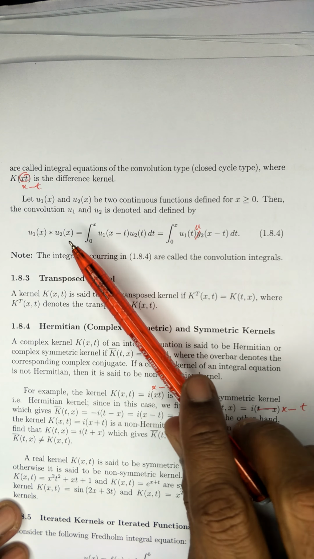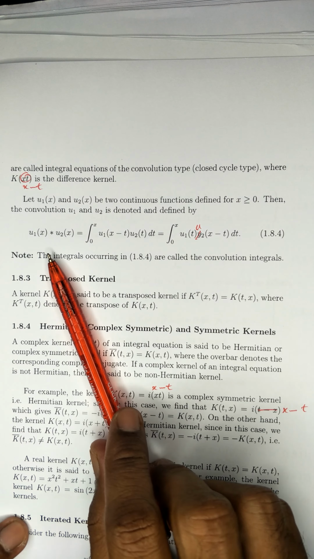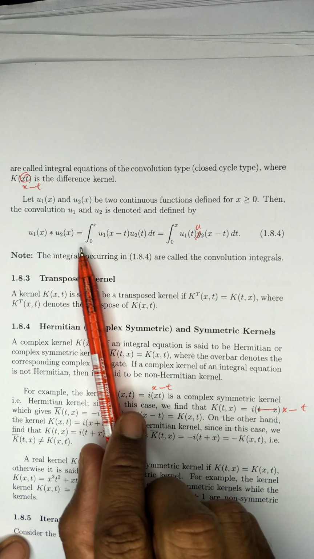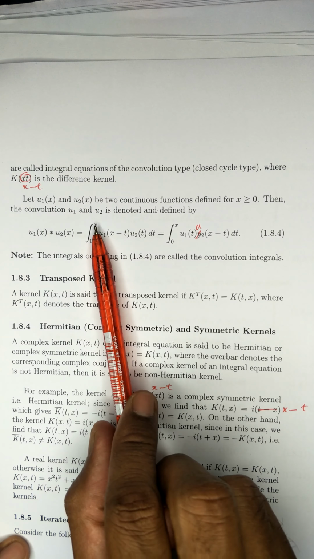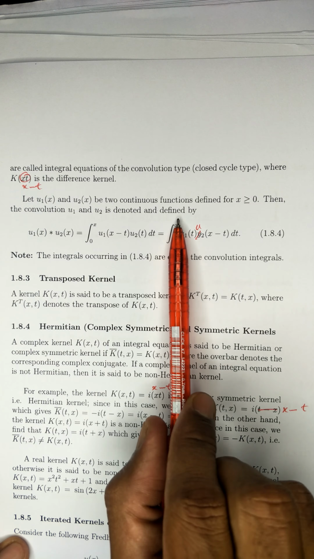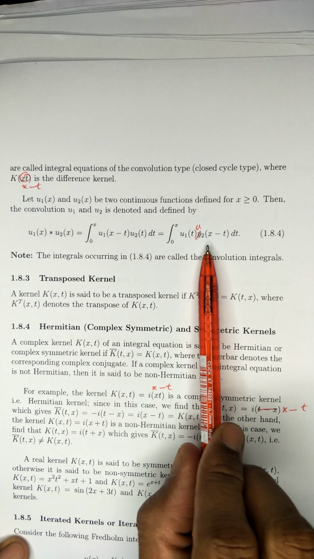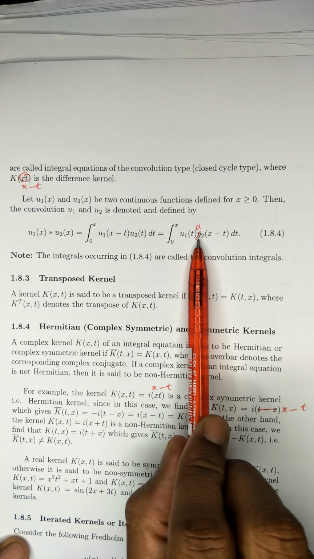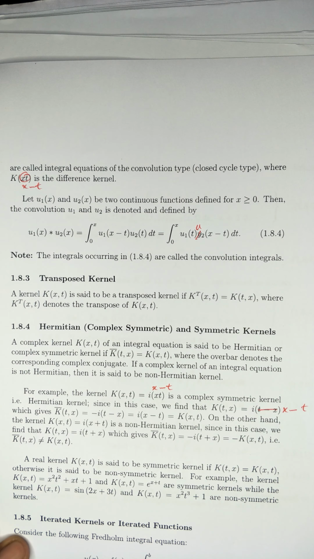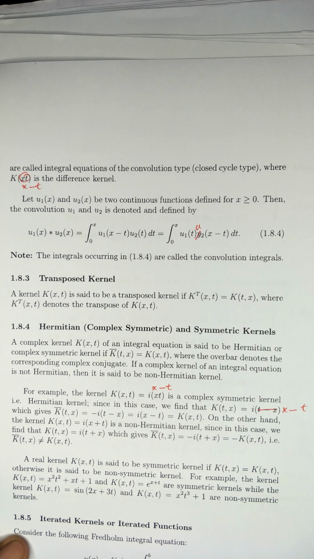Then the convolution of u1 and u2 is denoted by and defined by the integral from 0 to x of u1(x minus t) u2(t) dt, or the integral from 0 to x of u1(t) u2(x minus t) dt. This integral we call the convolution integral.